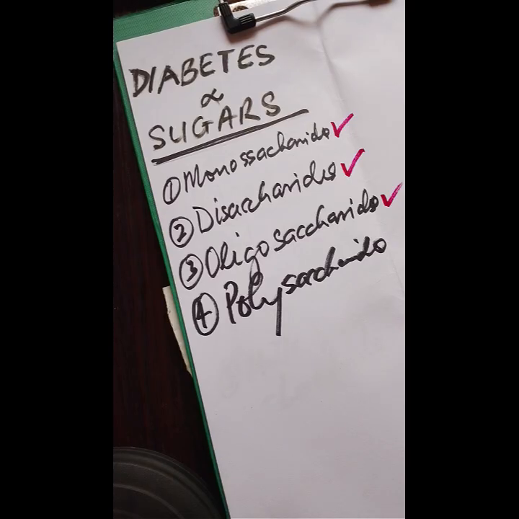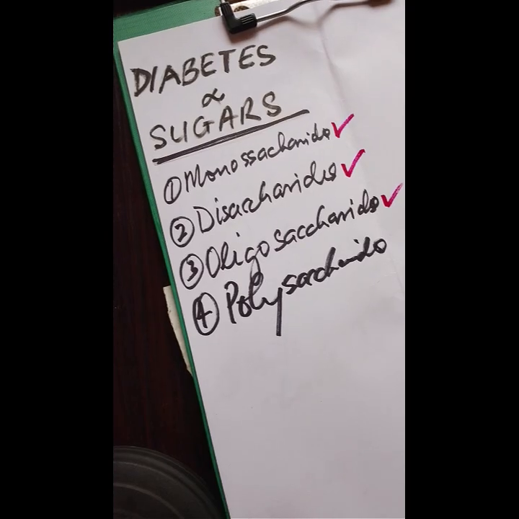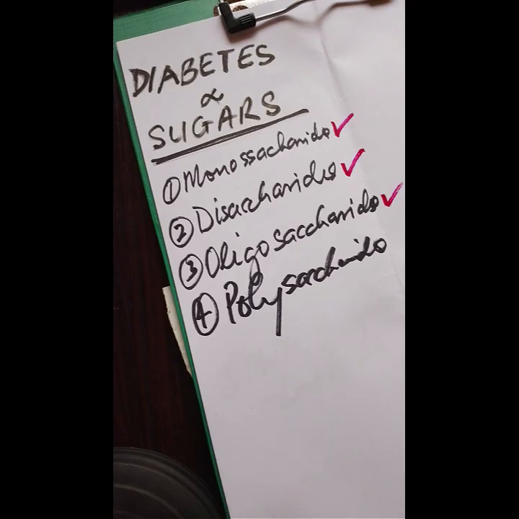So, in summary, we have monosaccharides, disaccharides, oligosaccharides, and polysaccharides, and the principal monosaccharide is glucose, to which most of these other classes are broken down. Among the disaccharides, we have sucrose, which is glucose and fructose.